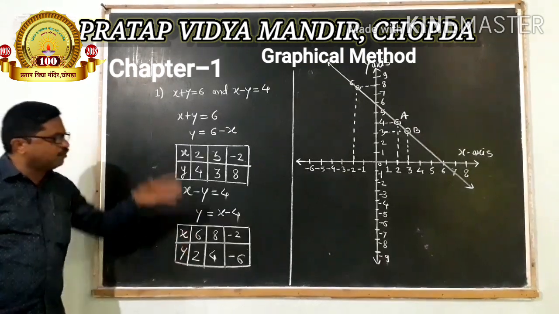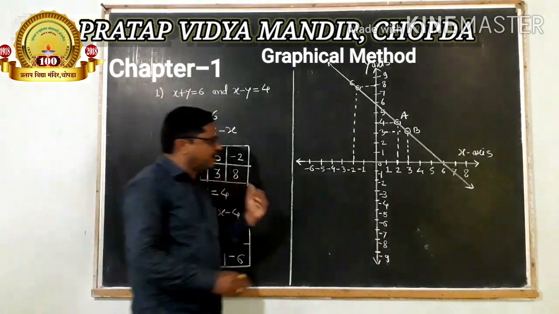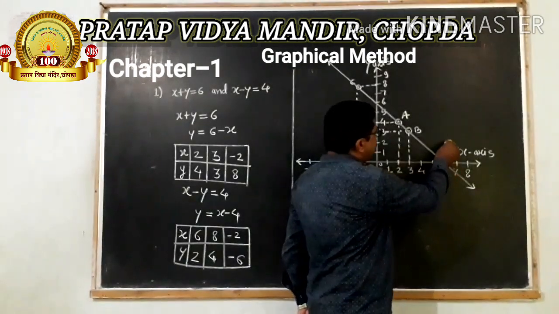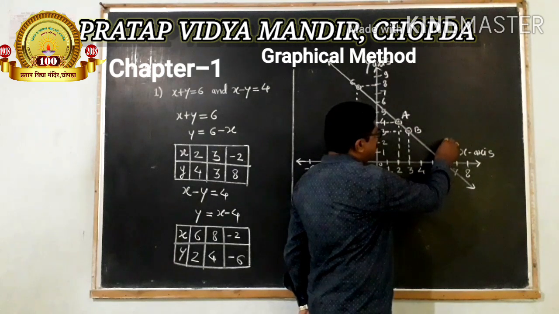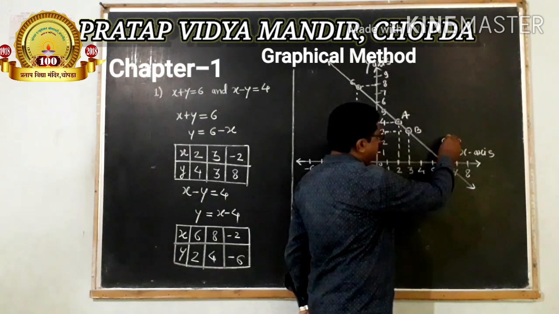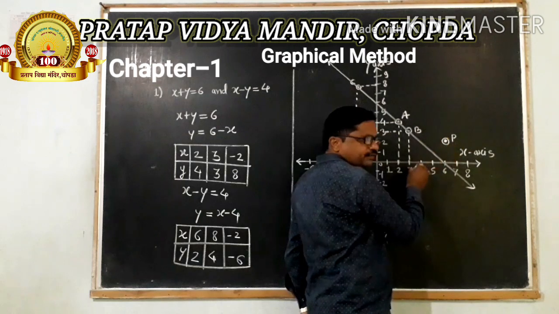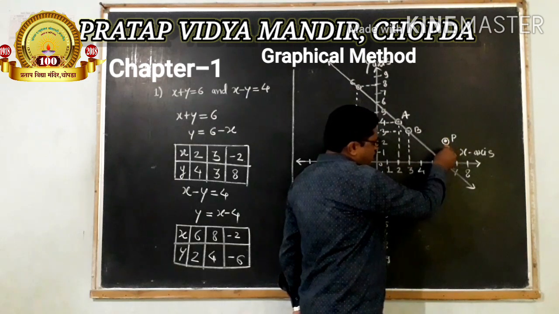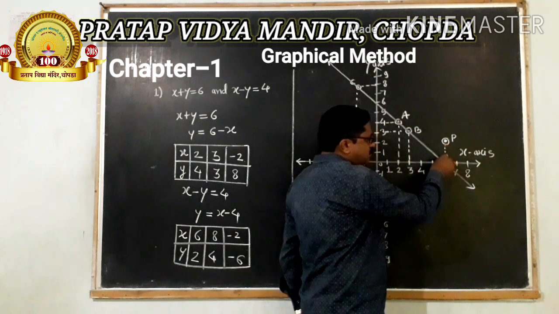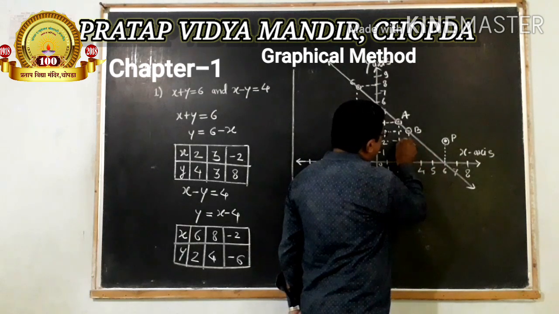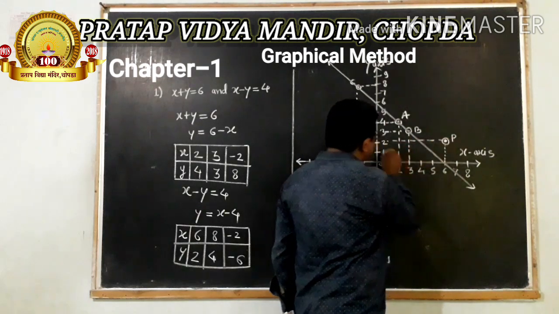Where will the 6, 2 come on the graph? 6 on the x-axis and 2 on the y-axis. The place of point P is here. You can see what is the x coordinate of point P? 6. And what is the y coordinate of point P? 2.